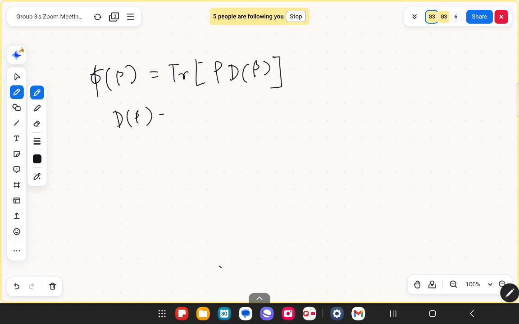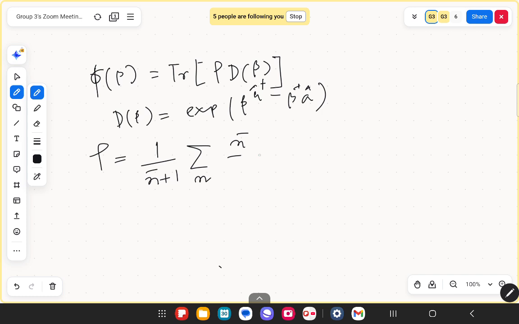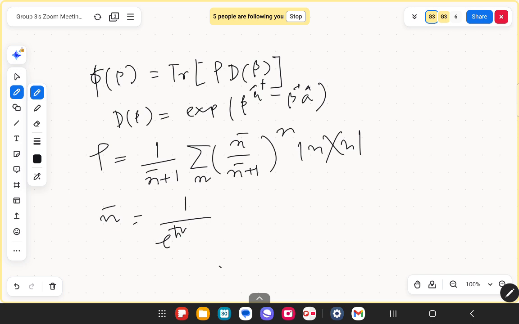Now, D of beta is the exponential of beta a dagger minus beta star a, and rho is the thermal density matrix, given by 1 over n bar plus 1 times the summation of n bar over n bar plus 1 to the power n, times the outer product of n, where n is the number state and n bar is the average number of photons. n bar is given by the Bose-Einstein distribution as 1 over e to the power h bar omega by kBT minus 1.